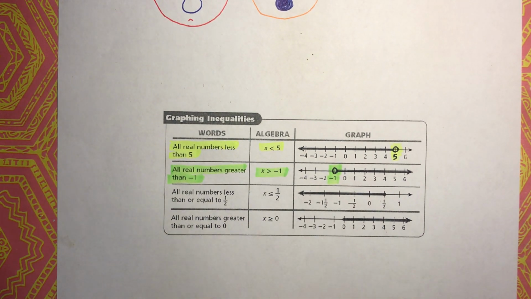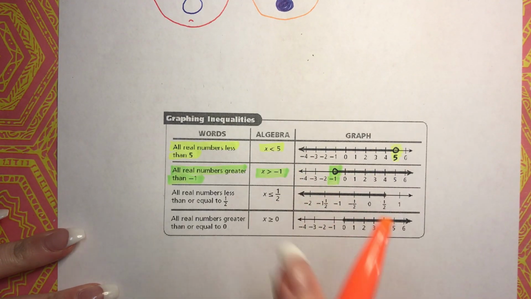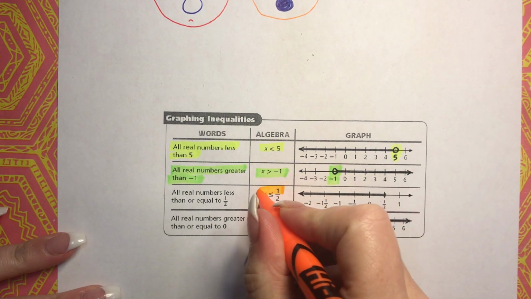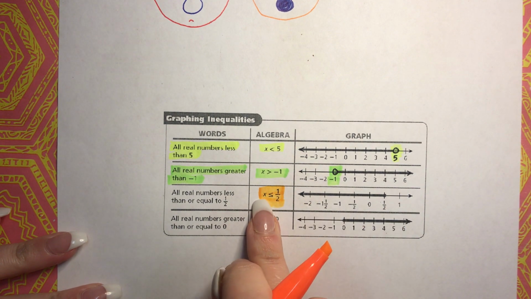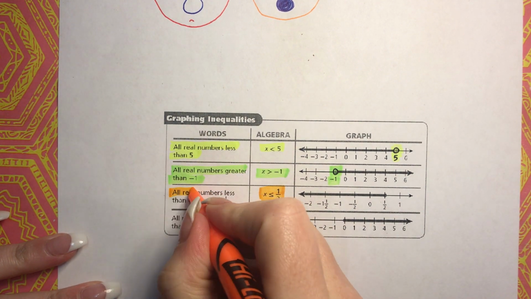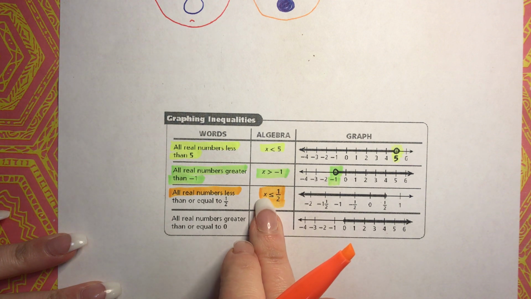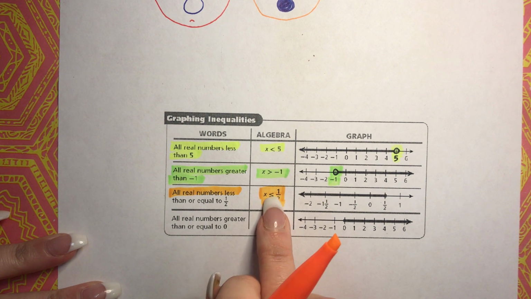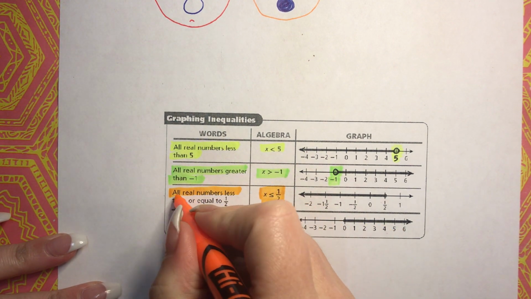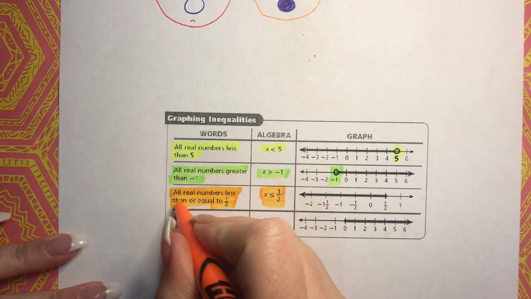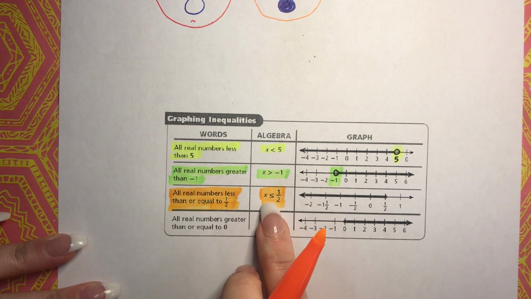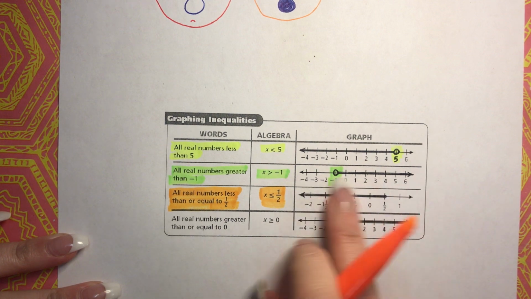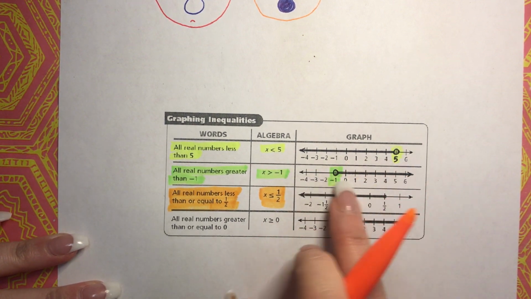So the next one is this. You would say x, which means all real numbers less than or equal to, now we have that little line there, equal to 1/2. So now we go to 1/2. This is a little bit different because we were just doing all of our number lines by ones.